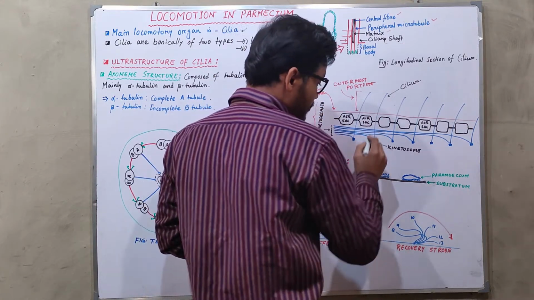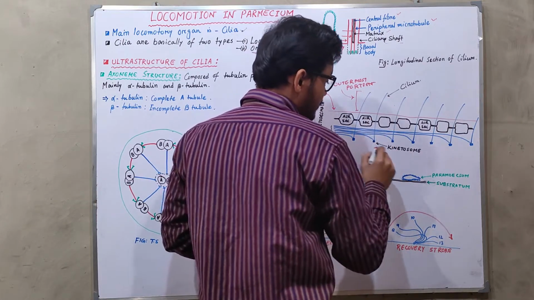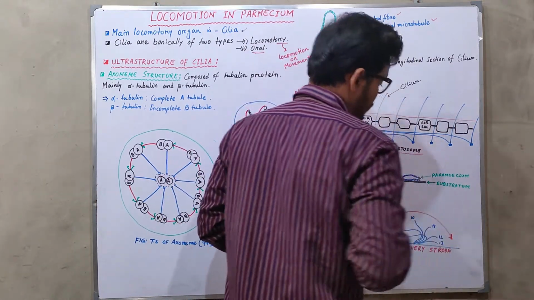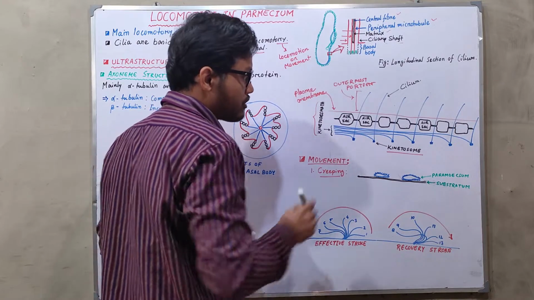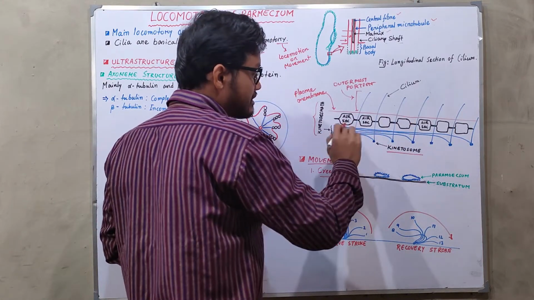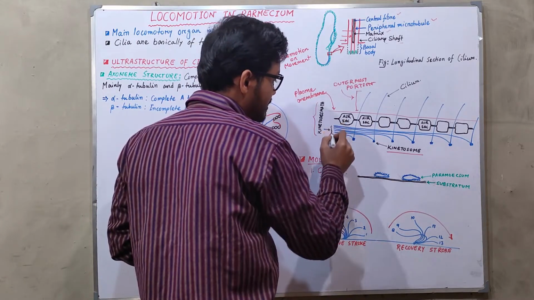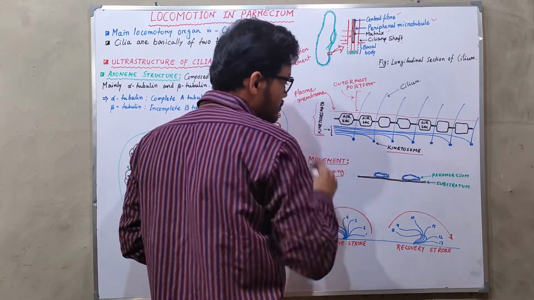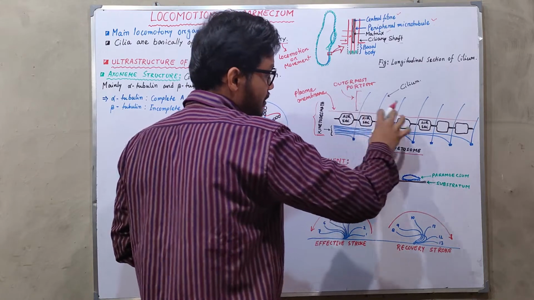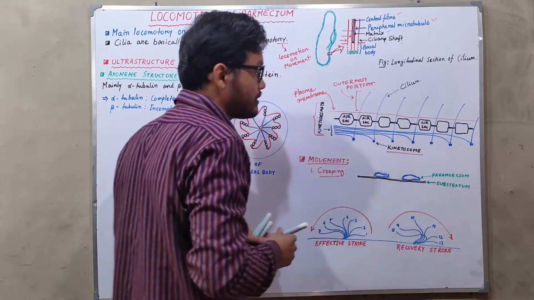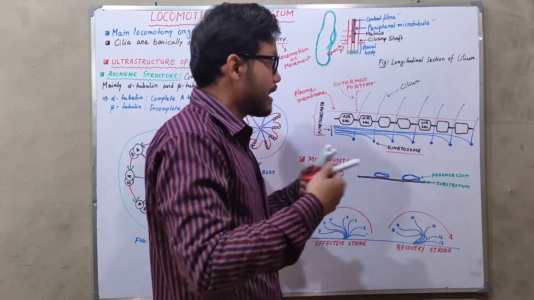The basal portion of each cilium is the kinetosome, and the cilia are attached with each other with the help of the kinetodesmata. So this is the molecular structure of cilia, and how cilia are attached to the surface of Paramecium.